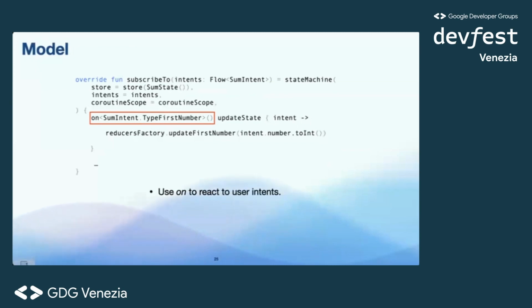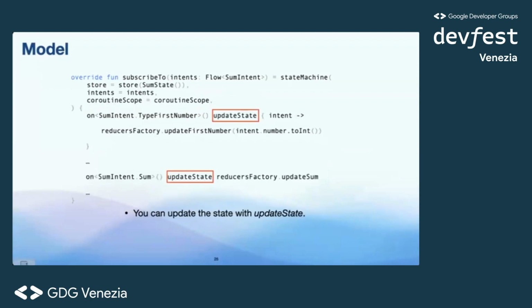Let's see actually how it works. What are we doing here in our model? Well, we have this keyword on from our library. You give it the intent that you want to react to. What do we do once we're reacting to this intent? After the user inputs a number, we want to update the state so that we save that number that the user is typing.